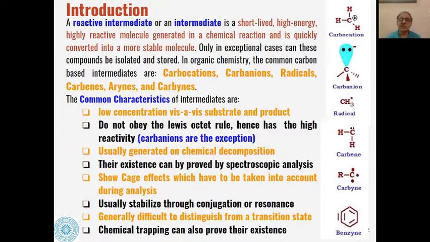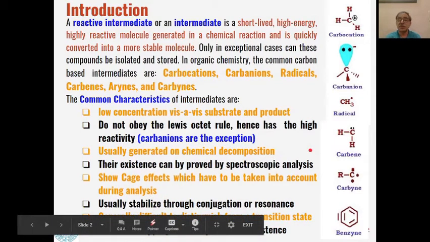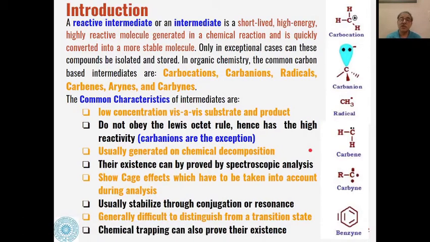As I have told you in the previous lectures, the important intermediates in organic chemistry are carbocations, carbanions, radicals, carbenes, arynes and carbynes. We are discussing these one by one, and the common characteristics of these intermediates we have discussed earlier in the introduction to carbocations and other lectures in the series.